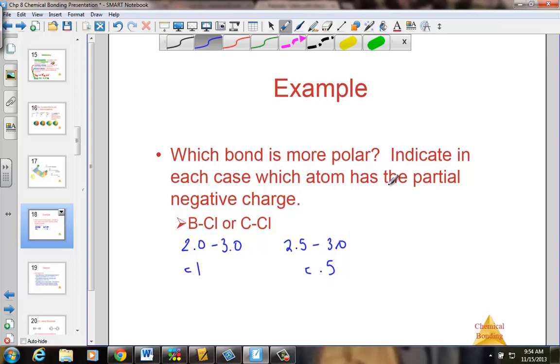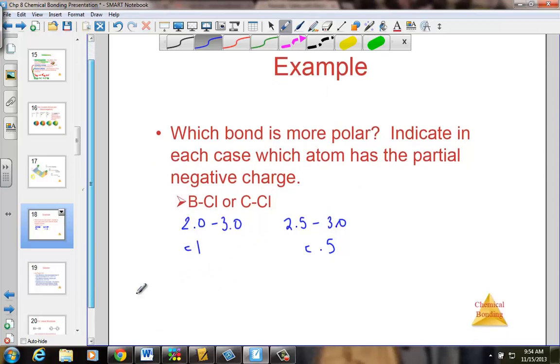Which bond is more polar? Indicate in which case the atom has the partial negative charge. Clearly, the greater the difference, the more polar the bond. BCl is more polar, and so we'll show that polar bond by showing the distribution pointing at the more negative chlorine, leaving boron partially positive.